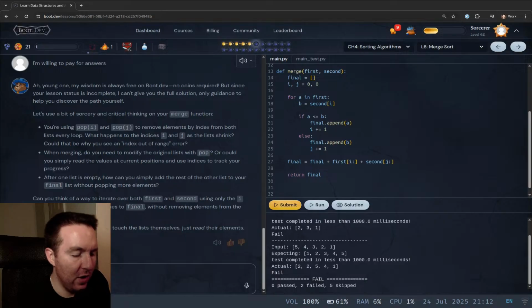What am I using i and j for? I've adapted it, but still having issues.